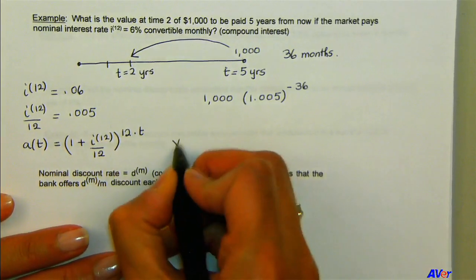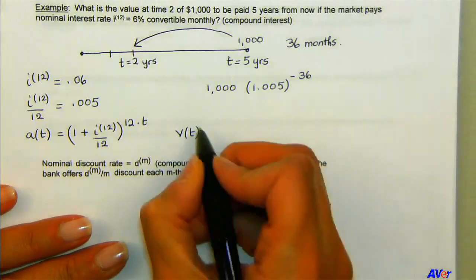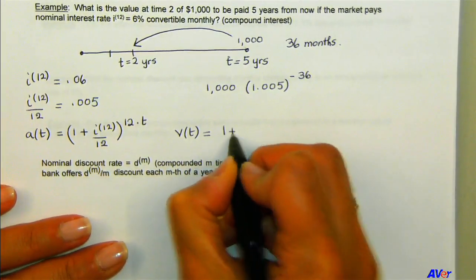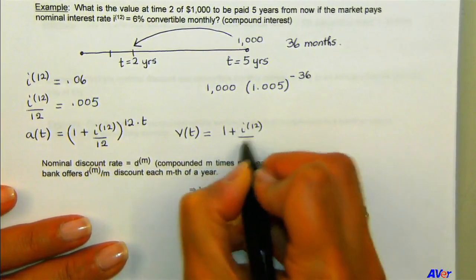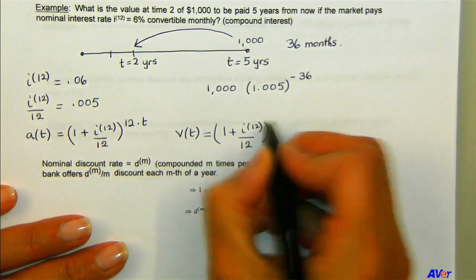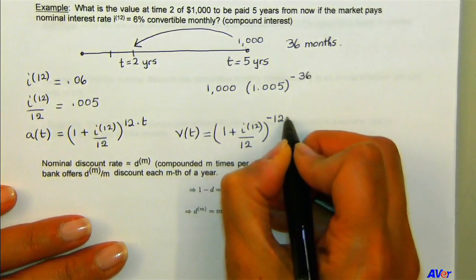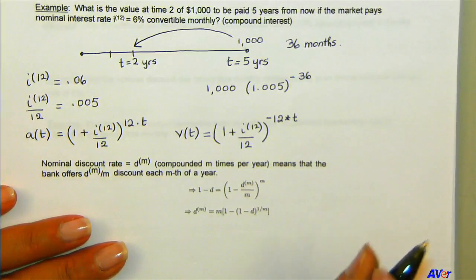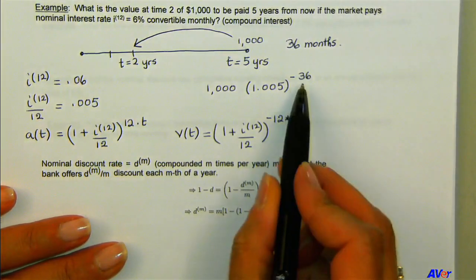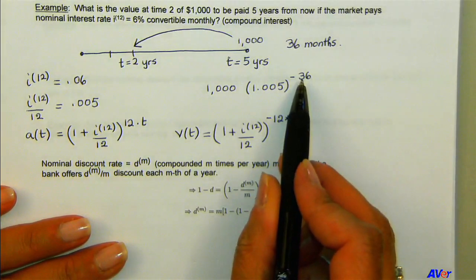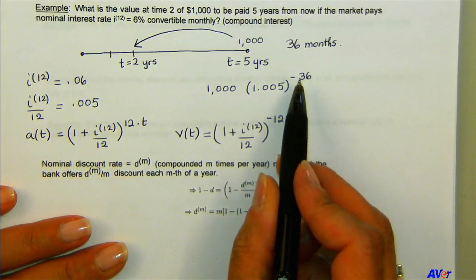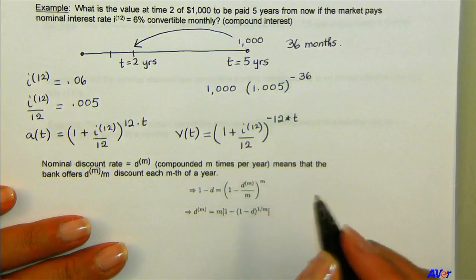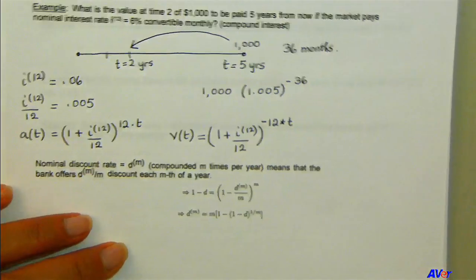So V of t, the discount function, is equal to (1 plus i^(12) over 12) to the negative 12 times t. So my t is 3 years. I'm multiplying by 12. That's how I got this minus 36. Are you with me?